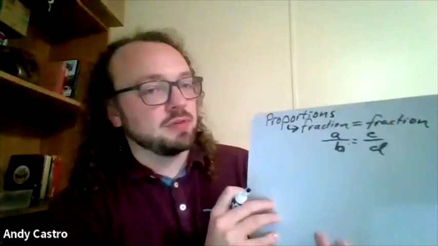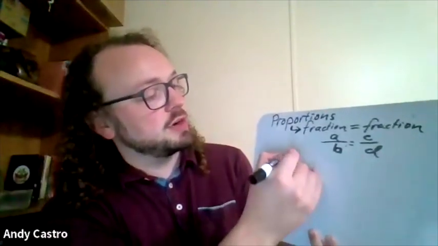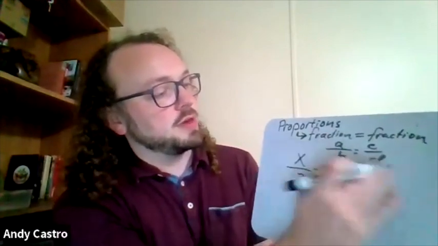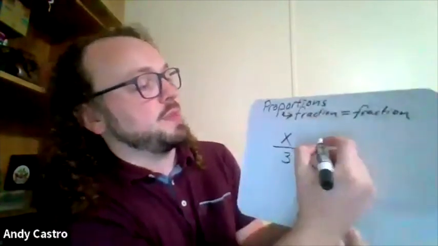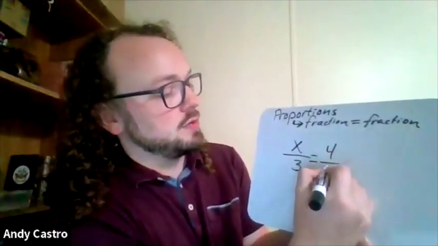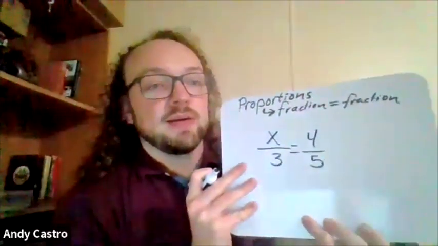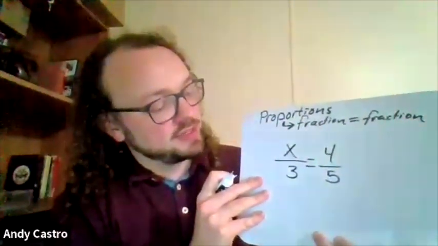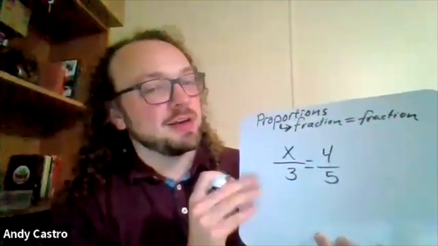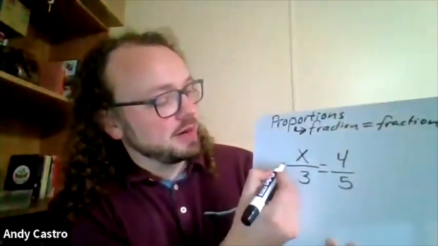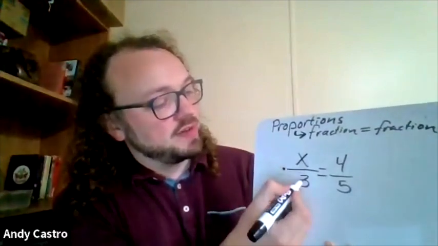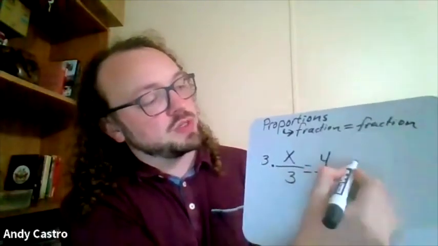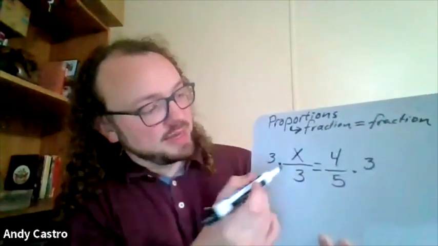So let's look at an example where we'll start with x in the numerator. I'm going to get rid of this little guy here so I have a bit more room. x over 3 equals 4 over 5. This is a proportion, and it should be pretty easy to solve because x is in the numerator. Things are harder when x is in the denominator. But x is being divided by 3, and all I have to do to cancel that out is multiply both sides by 3.